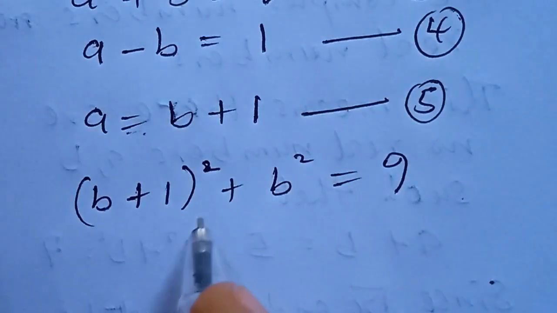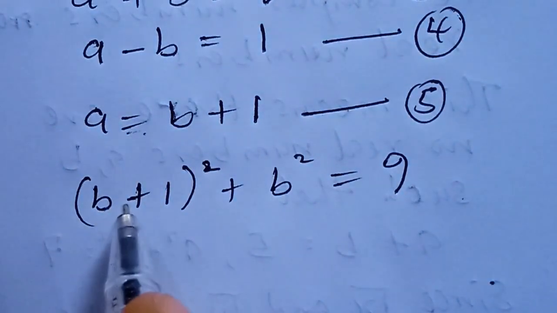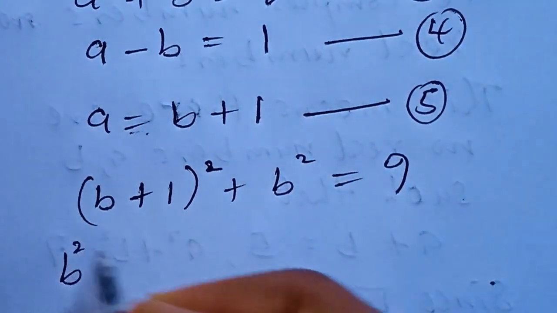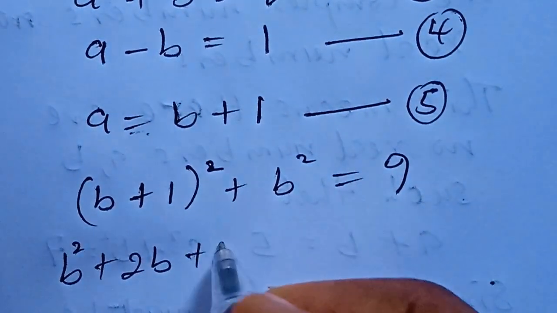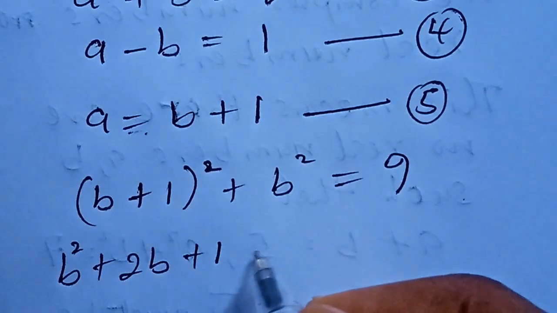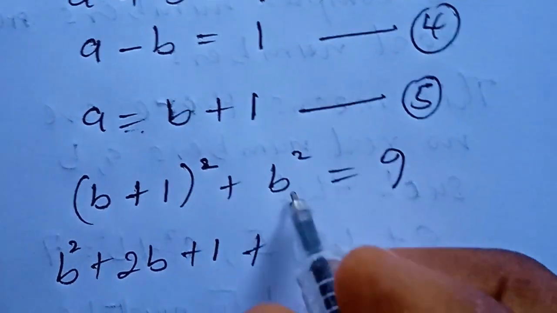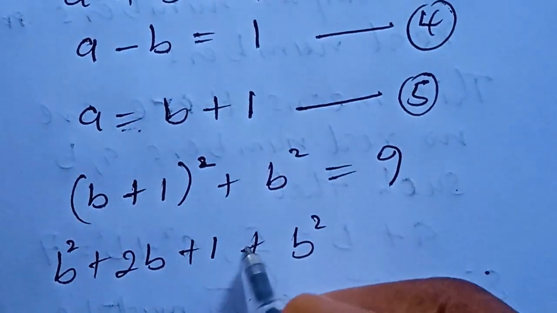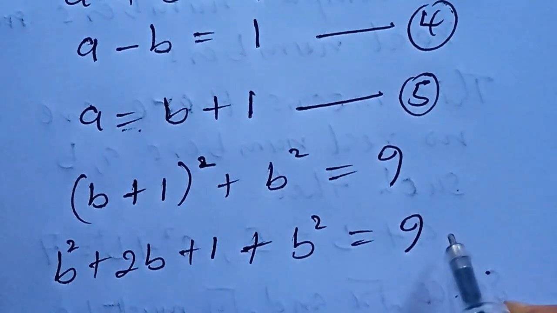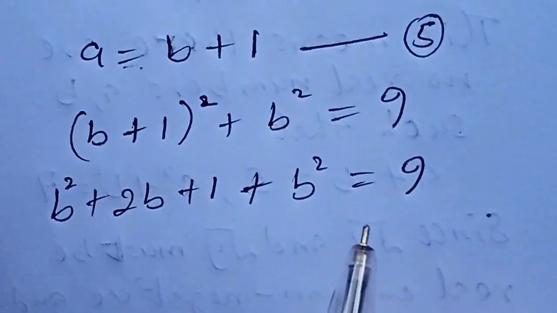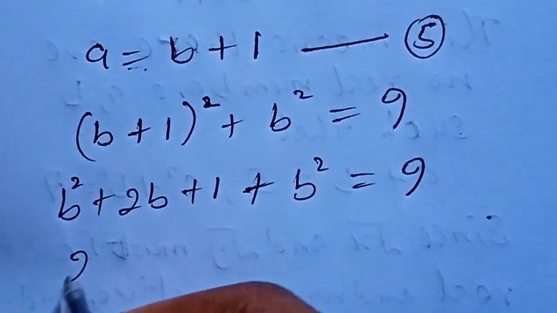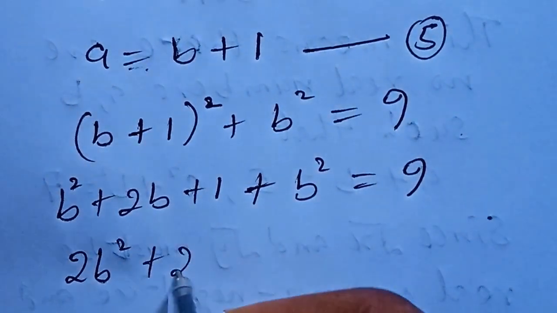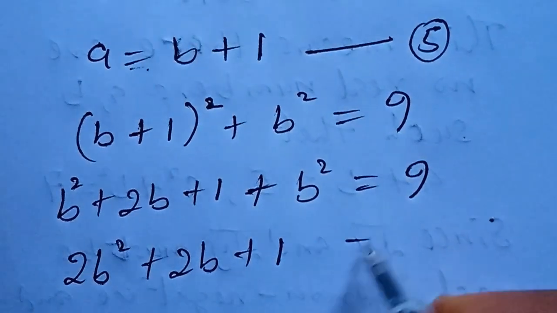So we expand this. The expansion of this gives us b squared plus 2b plus 1. So we have this, and we have b squared, everything equals 9. Here we simplify this: this and this give 2b squared plus 2b plus 1 equal to 9.